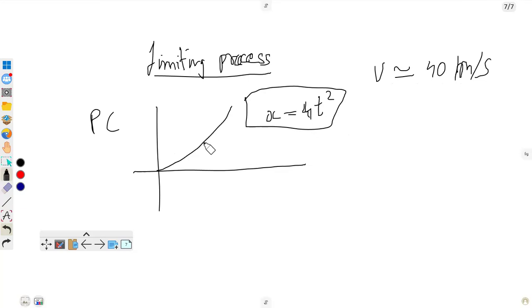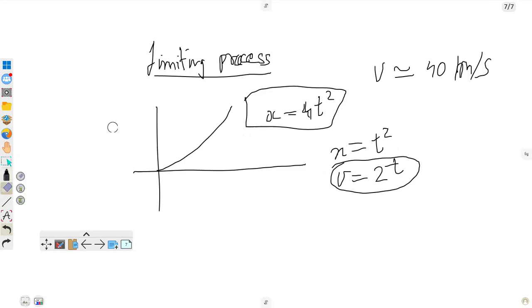I leave this as an exercise for you. I already derived that for x equals t squared, the instantaneous speed was actually 2t. This is exactly the instantaneous speed. Nothing more, nothing less.